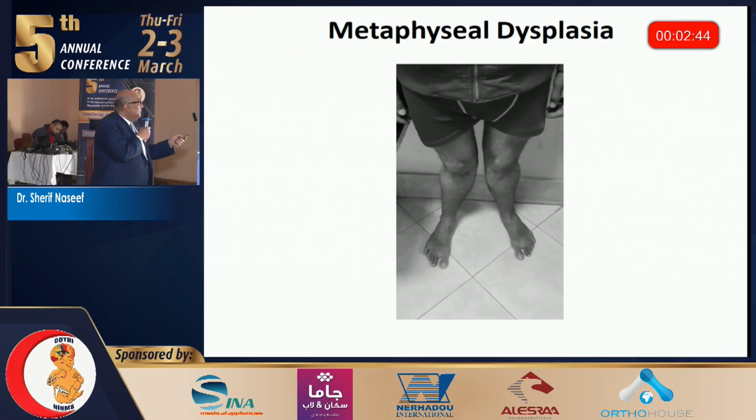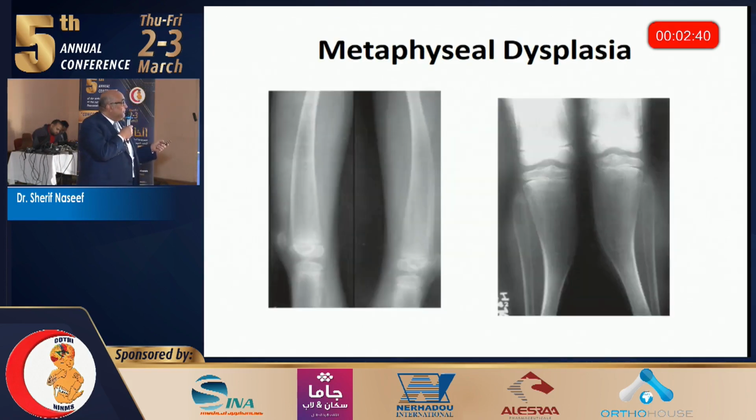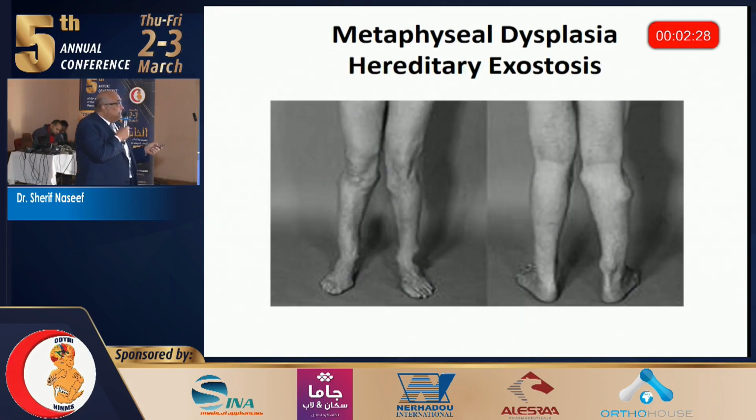This is a case of metaphyseal dysplasia with genu valgum. How to differentiate it from other causes of genu valgum? By plain radiography, you'll see that the metaphysis is elongated, a flask-shaped Erlenmeyer metaphysis. If the metaphysis is affected close to the physis, it is multiple exostosis. You cannot miss it.